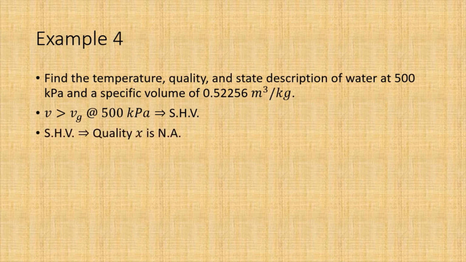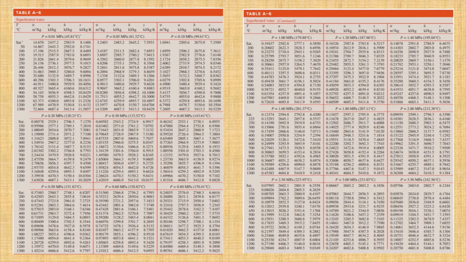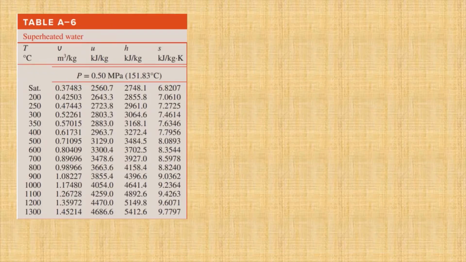Now, we only need to find the temperature, so we head over to the superheated water table. The given pressure of 500 kilopascals, which is equal to 0.5 megapascals, is represented by this box. Let's zoom in for a better view. We can start by writing down the information that we have.